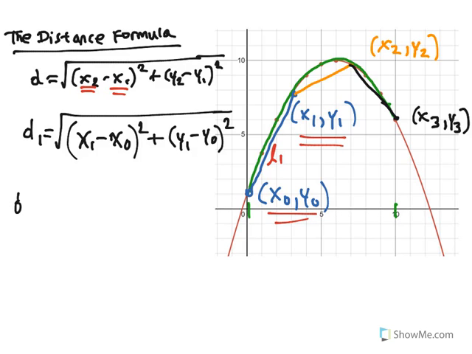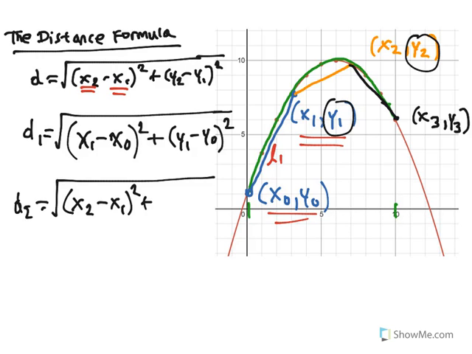I'll call that d sub 1. d sub 2 would be the length of my second line segment. So I would subtract the x coordinates of the 2 endpoints. I will have x sub 2 minus x sub 1 squared plus y sub 2 minus y sub 1 squared.